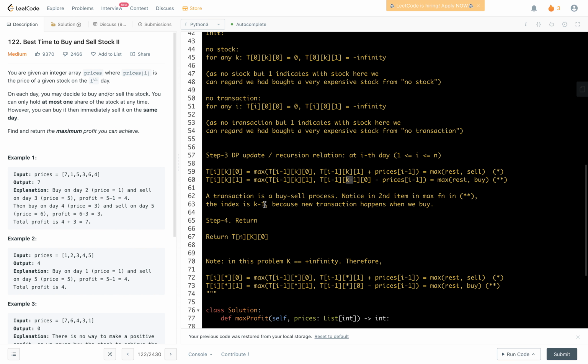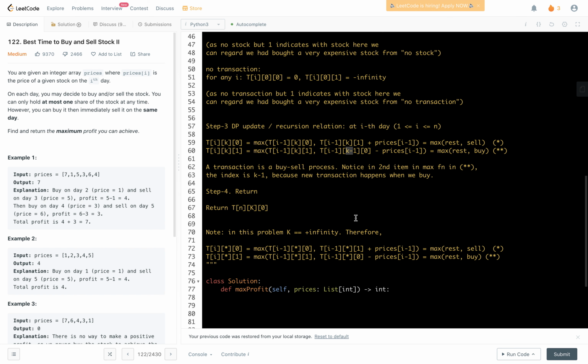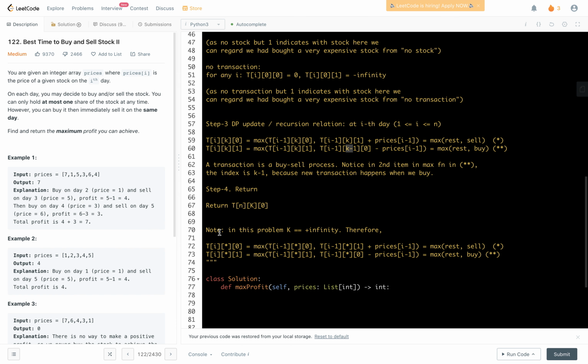Here a transaction is a buy-sell process. And notice that in the second equation, in the max function, the index is K-1 because a new transaction happens. So in this problem, based on the problem statement, we can do as many transactions as allowed.